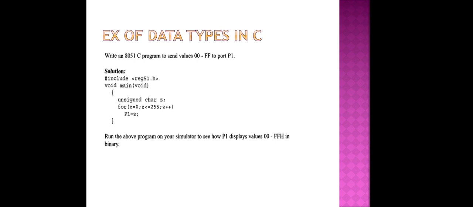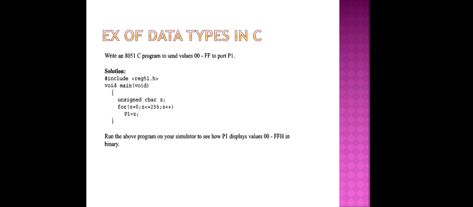Then z = 1, and z <= 255 is again true, so P1 = 1. This continues up to 00 to FFH. That is the range of unsigned characters, 0 to 255. These values are sent to port 1, 00 to FFH, in this program.